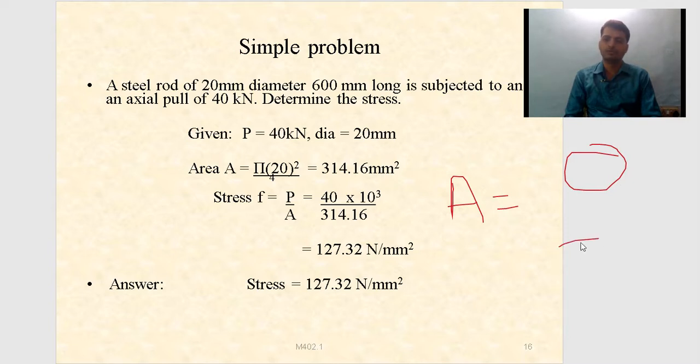So for a circle we have the formula pi by 4 d square for finding the area. Substituting the diameter 20 mm, pi by 4 into 20 square, we'll get the area.